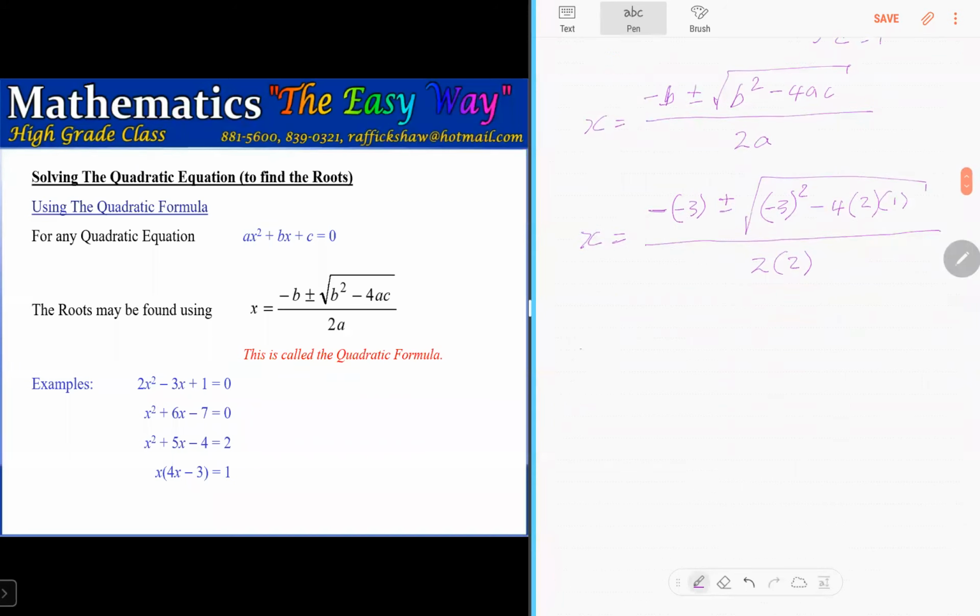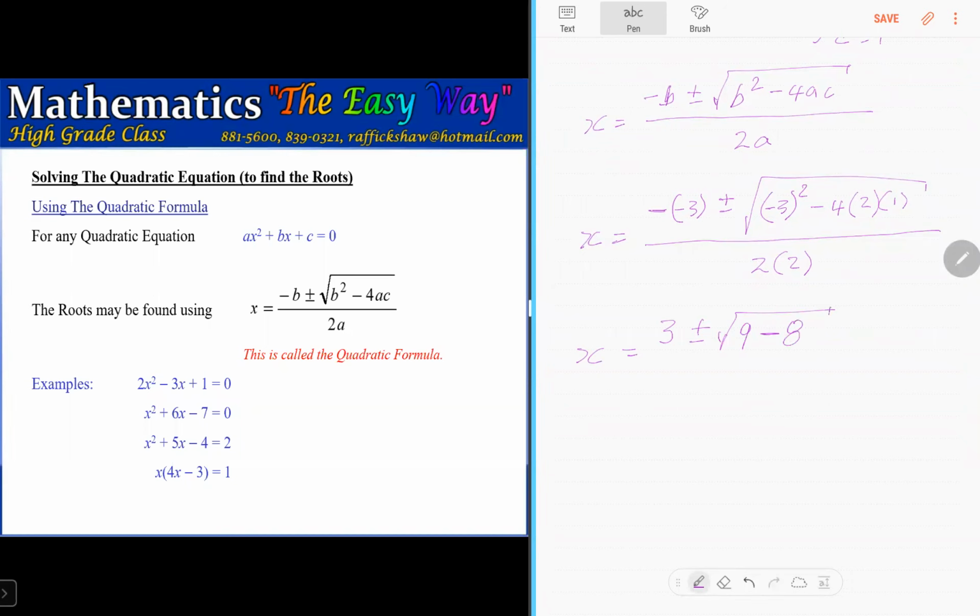So x is then going to be equal to minus -3, which gives +3, plus or minus the square root. Now -3 squared is +9. 9 minus 4 times 2 is 8, 8 times 1 is 8.